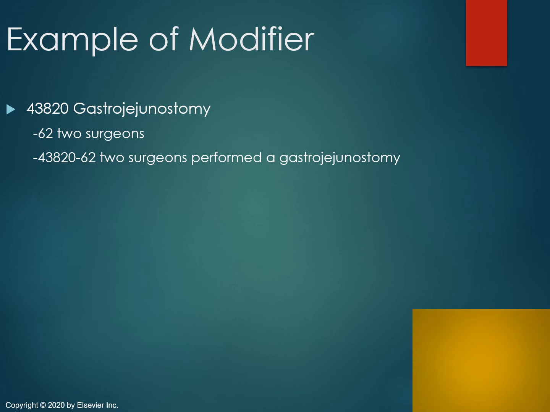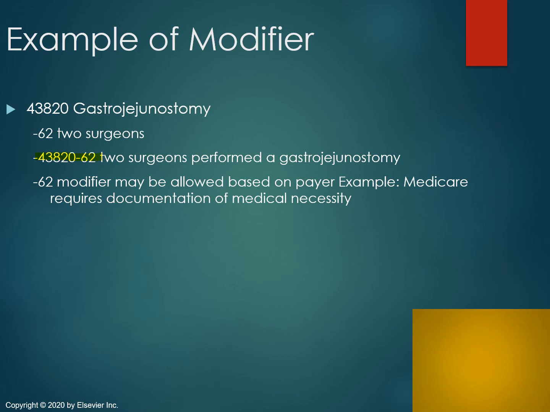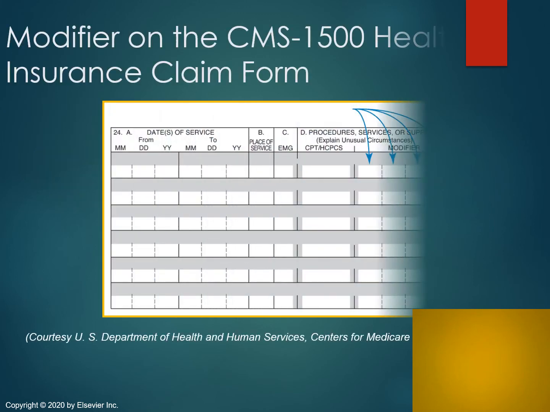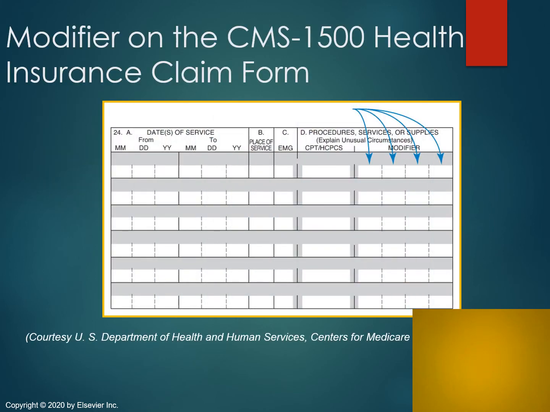And this is how it would be presented on your claim form. So Medicare is going to require the documentation necessary for having the 2 surgeons. And in field 24 of your CMS 1500 claim form, you can see right over here, it says CPT code.